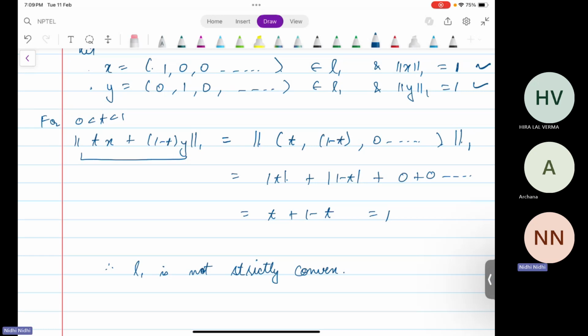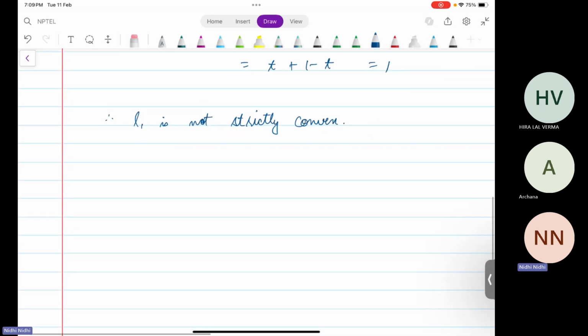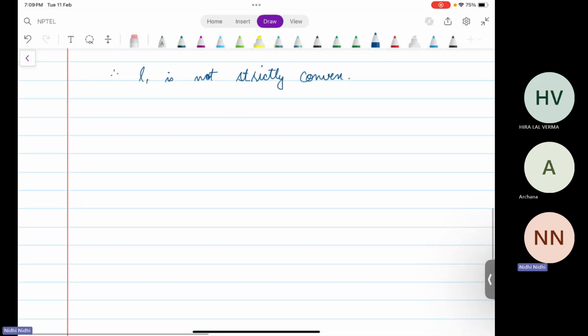So let's move to the space L2. For L2, we claim that L2 is strictly convex.